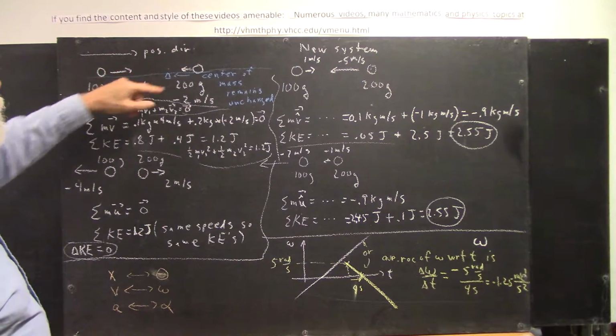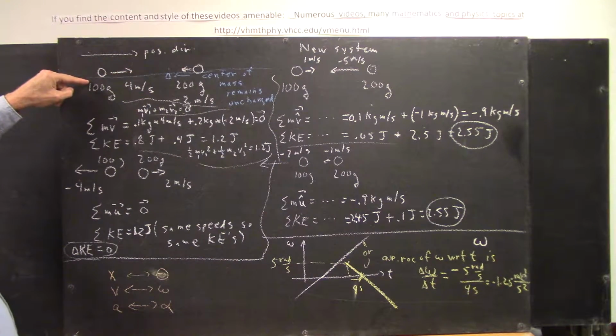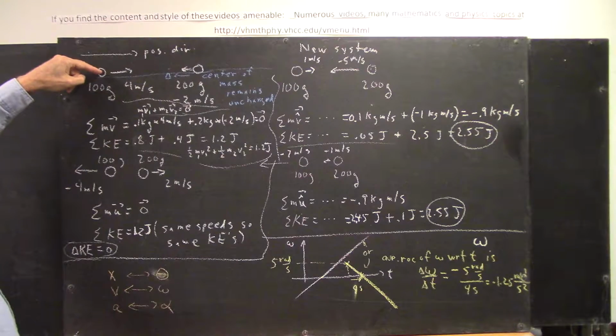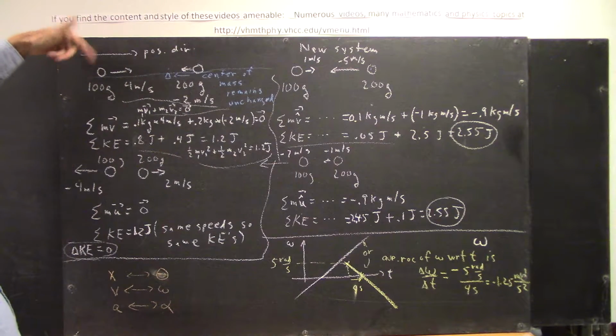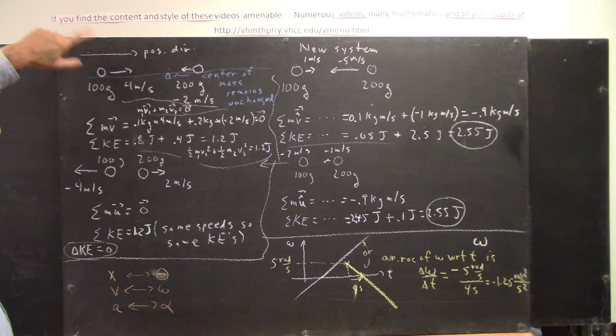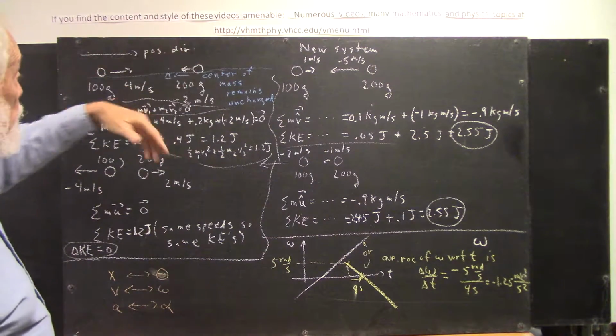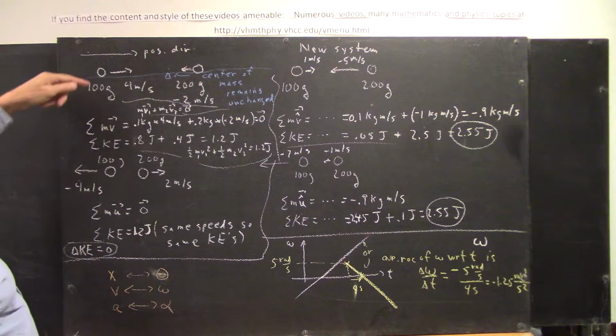If this fulcrum was over here, then any mass here subject to gravity would tend to rotate the system in the clockwise direction.